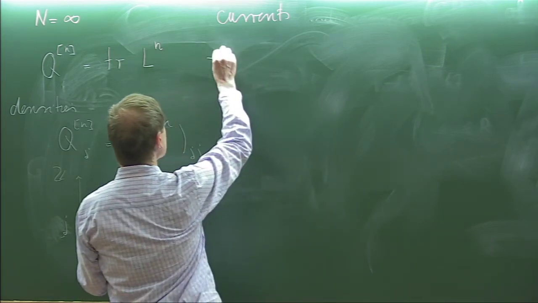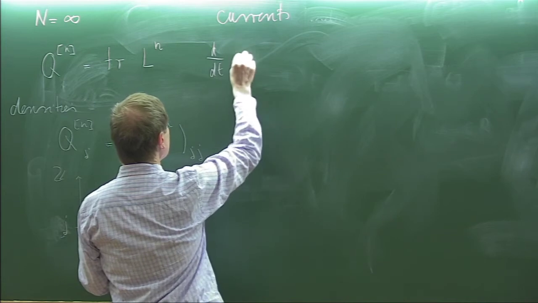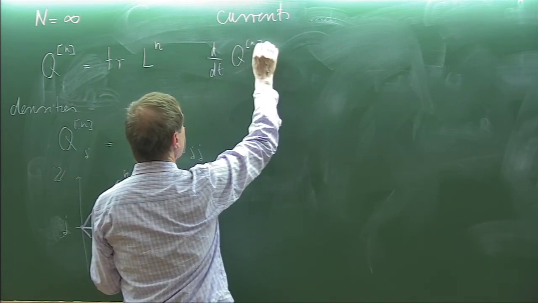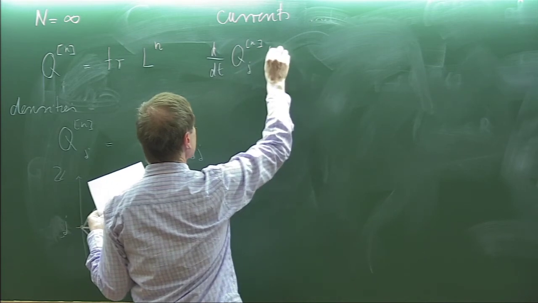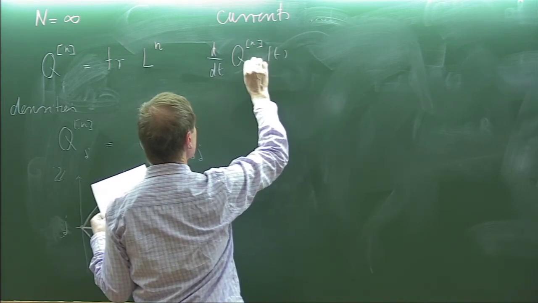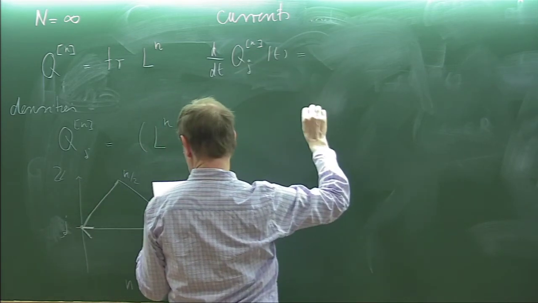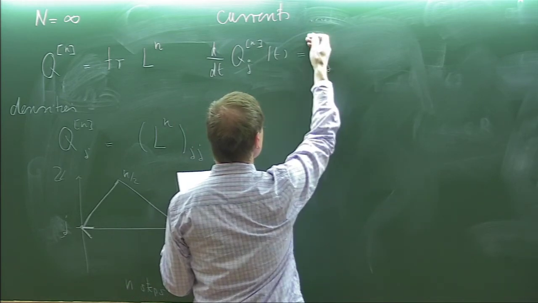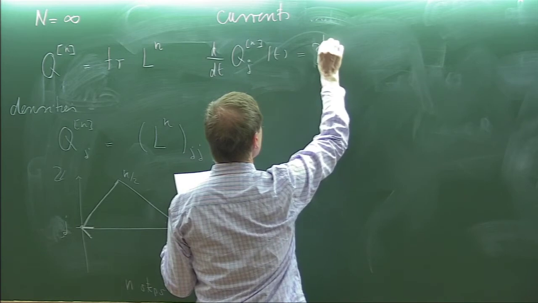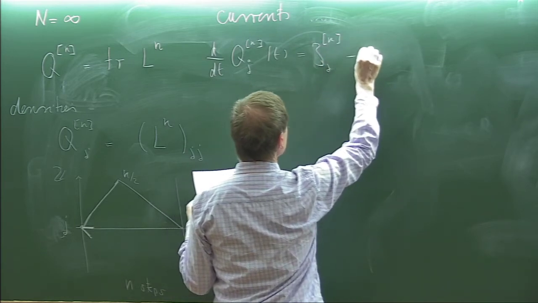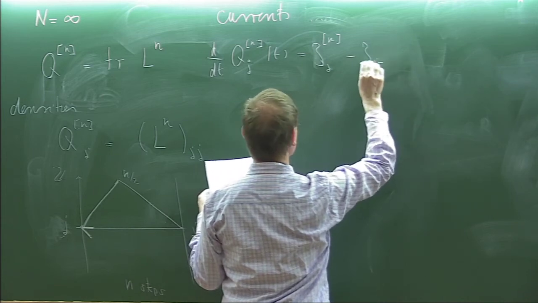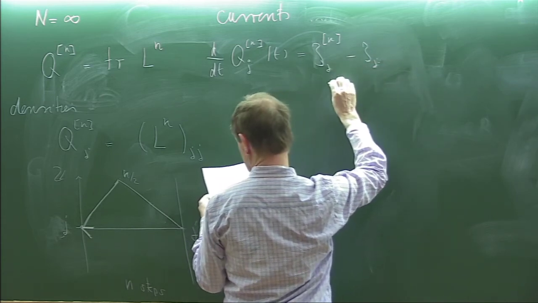I'm just using d/dt of Q^n. With this definition at time t, this is now a perfectly well-defined quantity. And of course, what I must find is that this is J_j over n minus, wait a second, maybe plus 1.